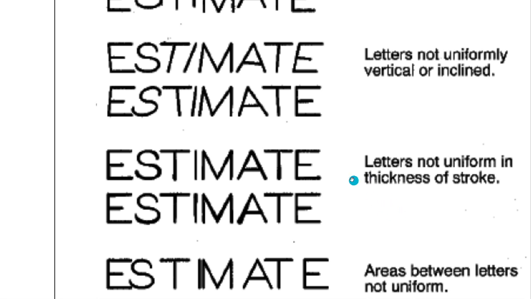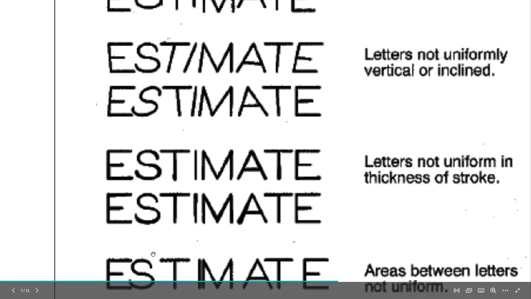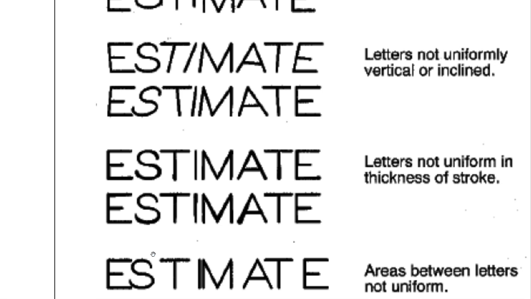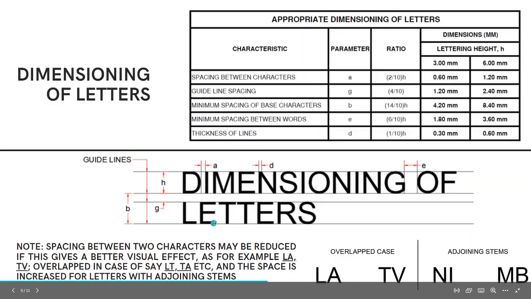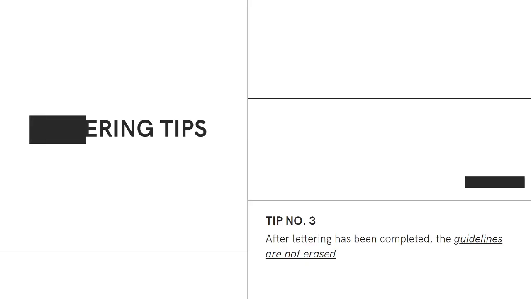Next is areas between the letters are not uniform. As mentioned in the previous slide, the overlapping case and the adjoining stems.